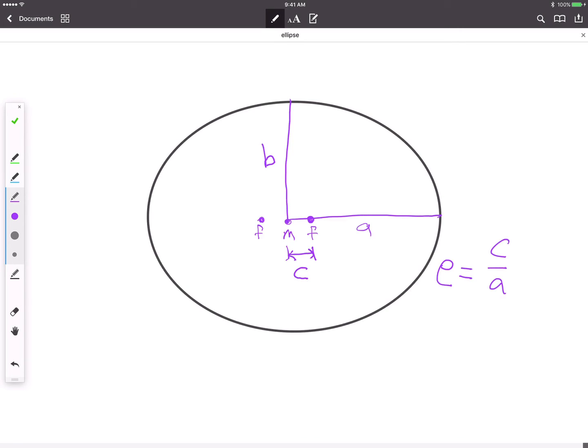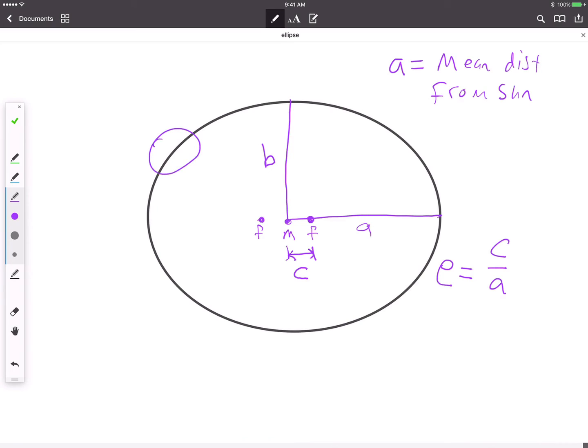Couple more things. This A, the semi-major axis, is equivalent to the mean distance from the sun when we're talking about a planet going around our sun.